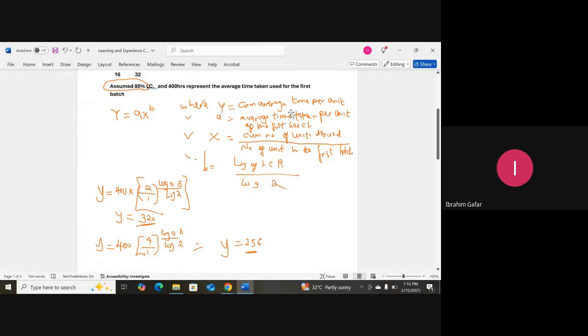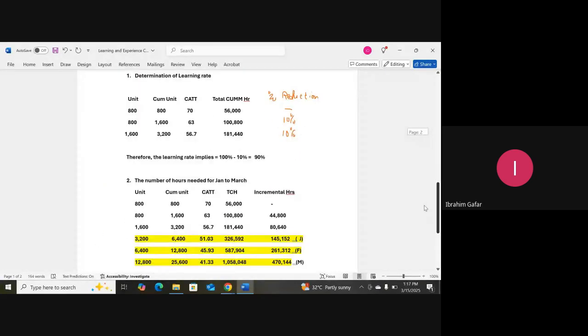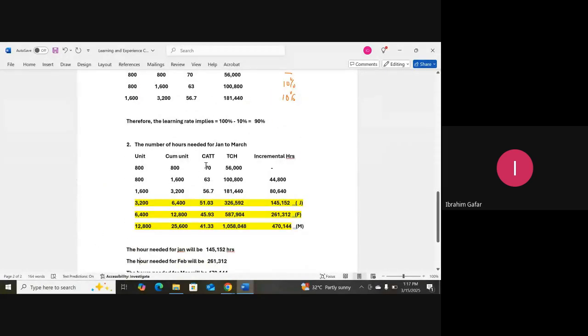A represents average time taken per unit of the first batch. X represents cumulative number of units desired divided by number of units in the first batch. B represents log of learning curve rate over log 2. When you apply the formula, you get all these CAT that are here.